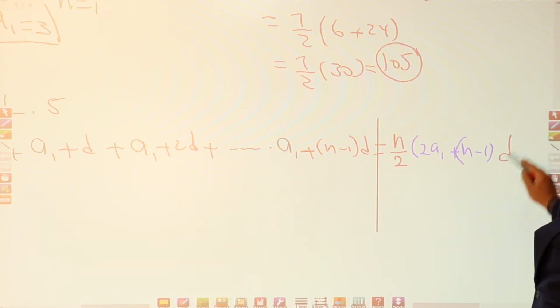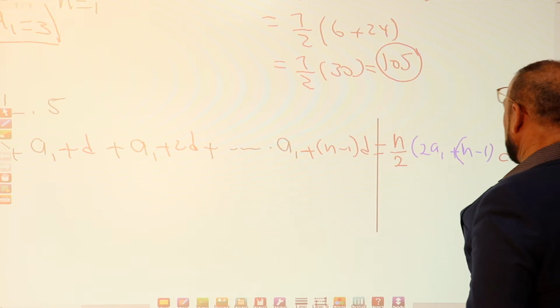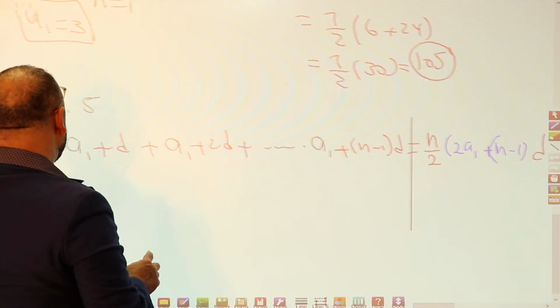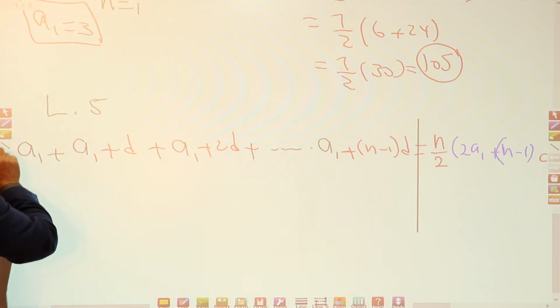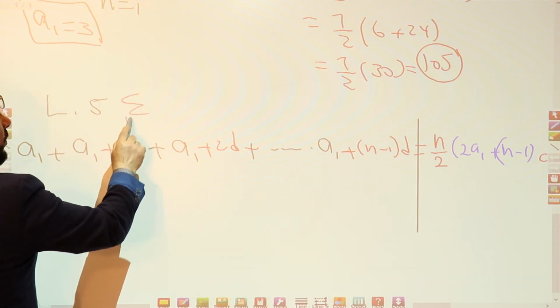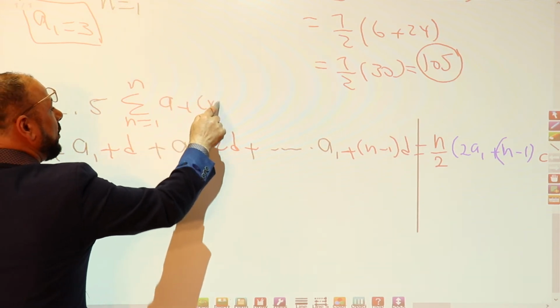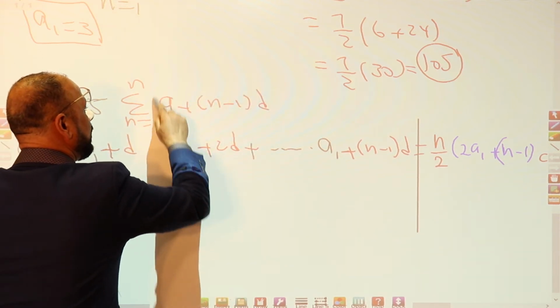Close it. Then this is the right side, and this is the left side. Which is the left side coming from where? From the sum from n equal 1 to n, a1 plus n minus 1 times d.